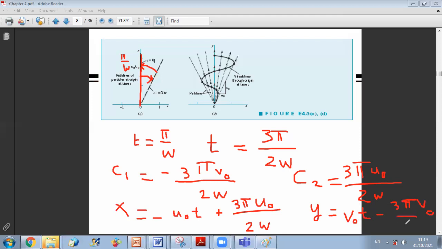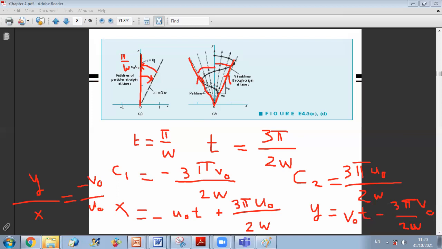So now, if you try to divide y by x, in this case y over x, you will get minus v0 over u0. This will give you the second limit for path lines. This is the second limit. So as you can see, your path lines will form like a cone. Okay. So you have this region of positive slopes, this region of negative slopes.